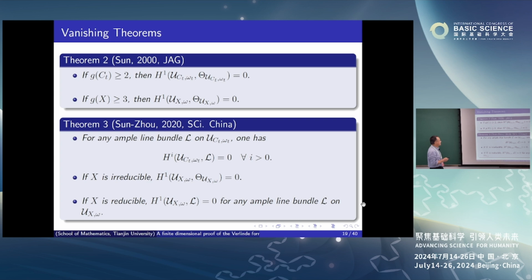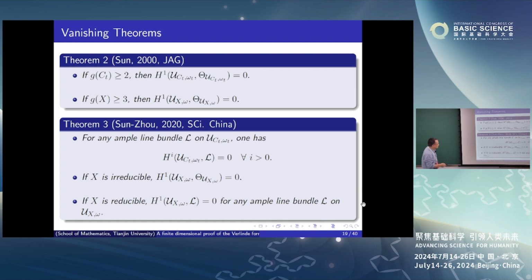But unfortunately, at that time, I only proved this vanishing theorem for large genus. If you remember the analytical proof, it was also only for genus at least 2. Then with one of my students, we can remove this assumption.